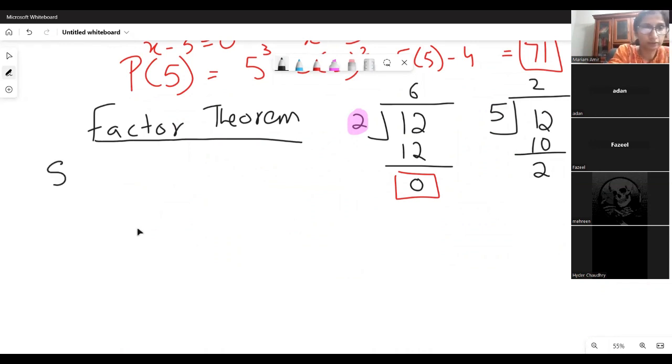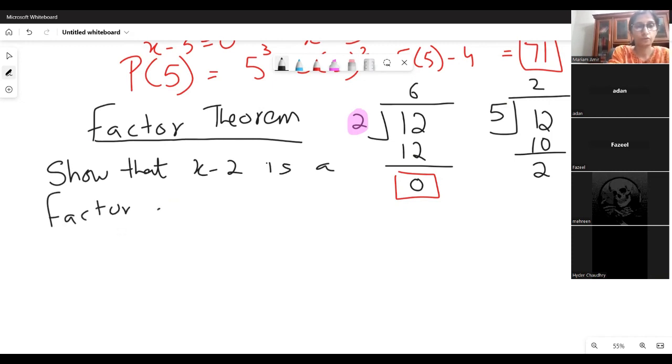Show that x minus 2 is a factor of 3x cube minus 5x square plus 3x minus 10. तो हम फैक्टर थ्योरम वाला, रिमाइंडर थ्योरम वाला ही काम करेंगे.